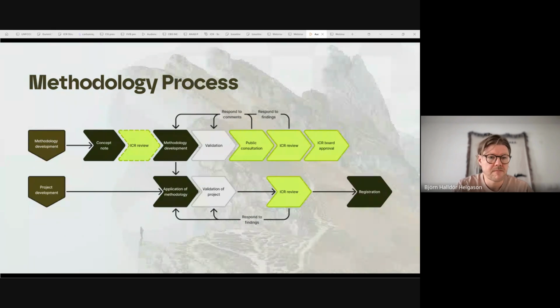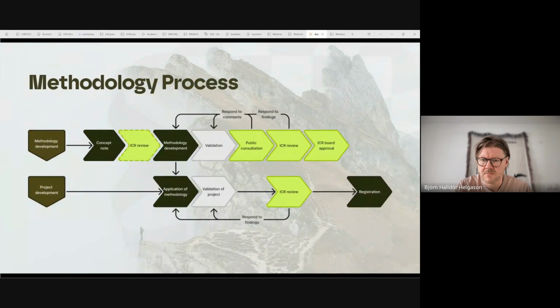Then finally, when the methodology has been validated by an approved VVP, we do a final consistency and completeness review of that methodology with the ICR requirements in mind, followed by the board approval.